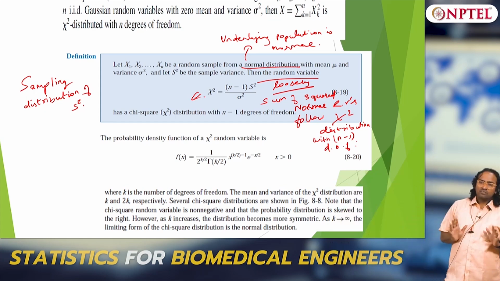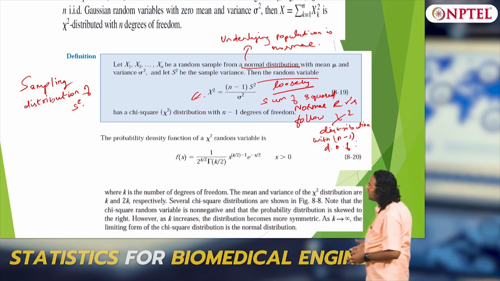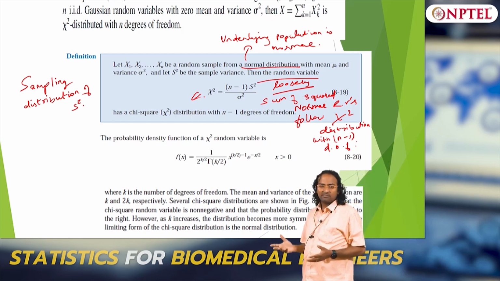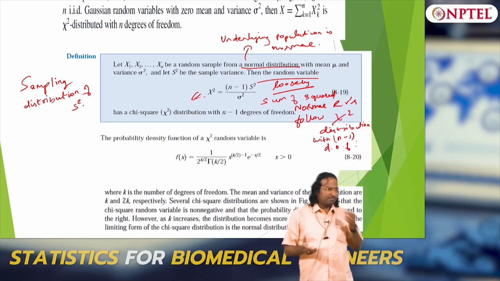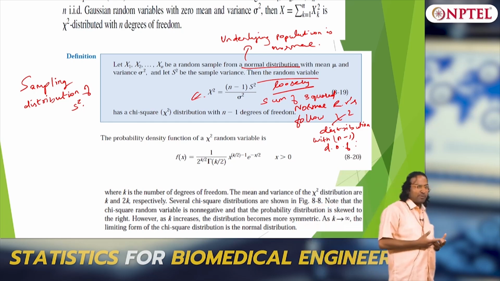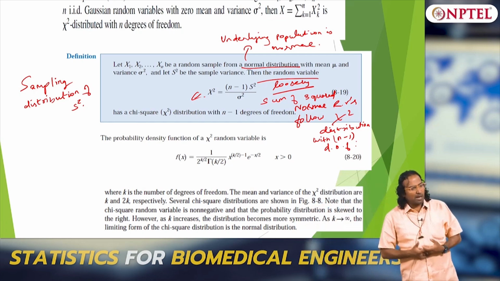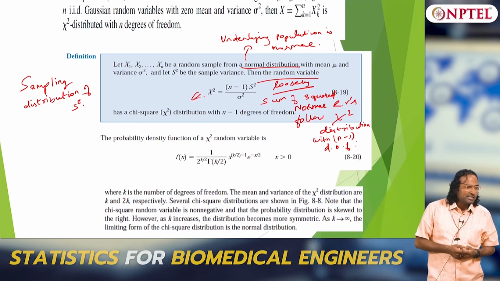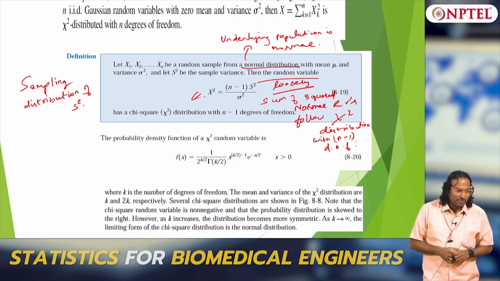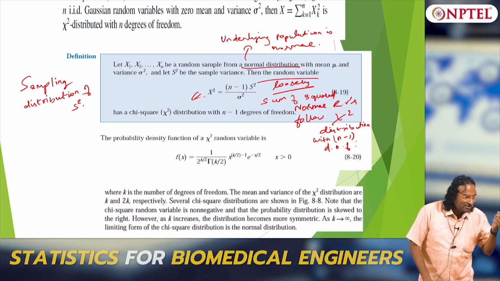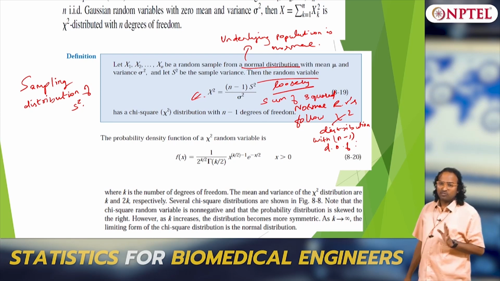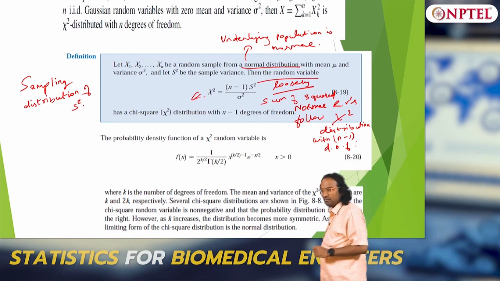That is the idea. So the sampling distribution of S squared is chi squared. The sampling distribution of x bar is normal, the sampling distribution of S squared is chi squared. Of course, a bigger assumption is made: the underlying population is normal. Clear?